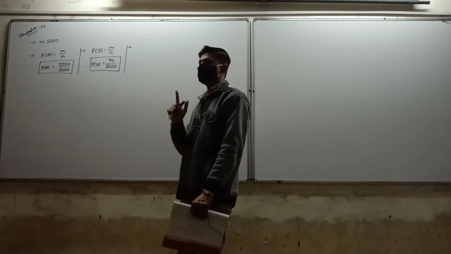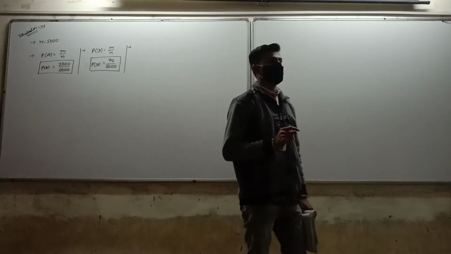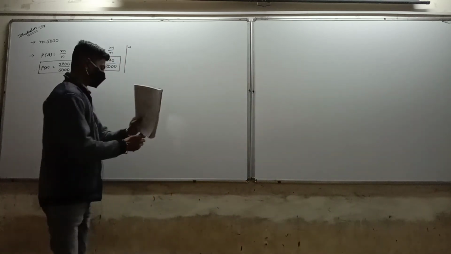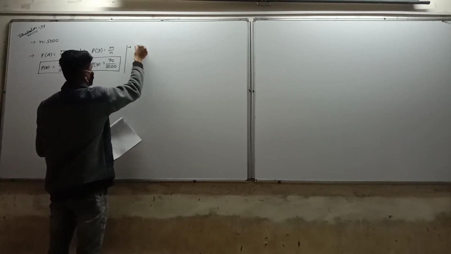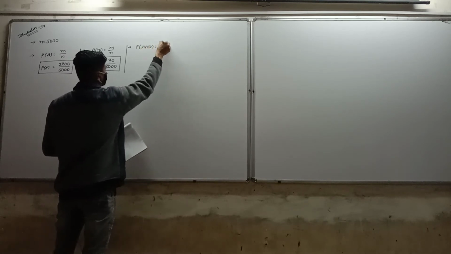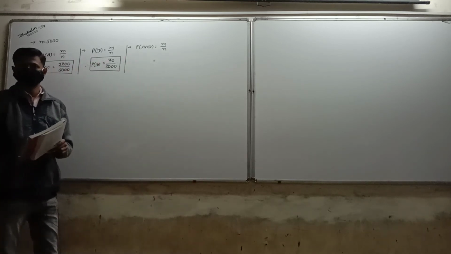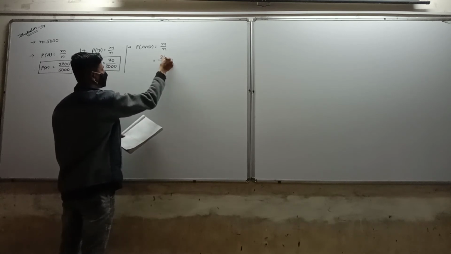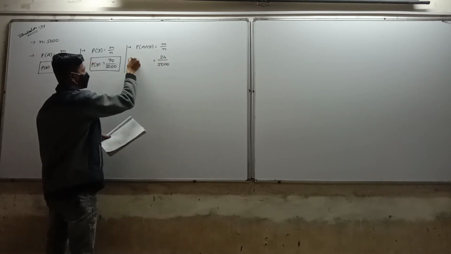Underline and, it means intersection. Write down new line. P of A intersection D is equal to m upon n. Here m is 24, items defective and produced in shift 1, upon 5000.